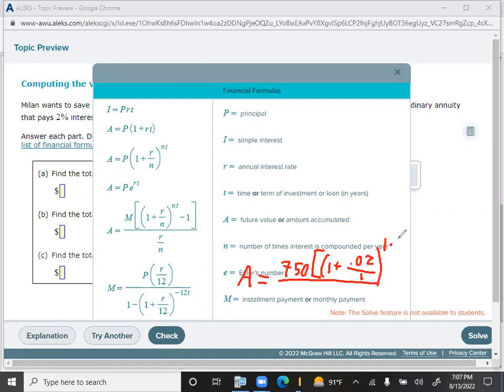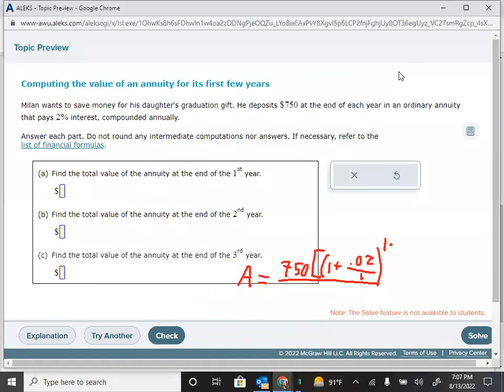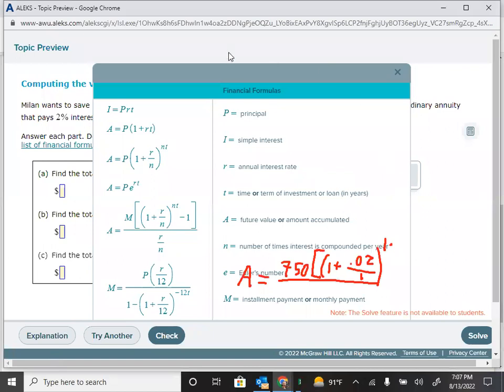And he's doing this for 1, 2, 3 years. So the time will vary, and so we'll represent that with a variable. And then we need the -1 there. And then the 0.02 over 1.